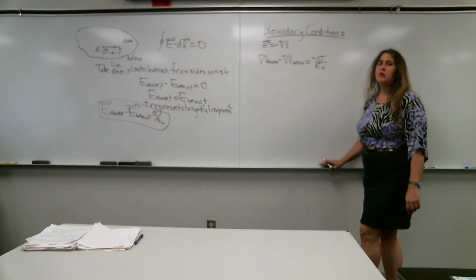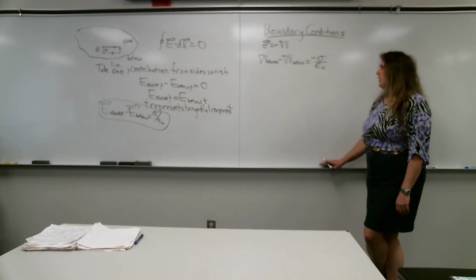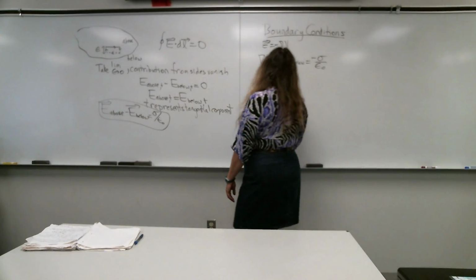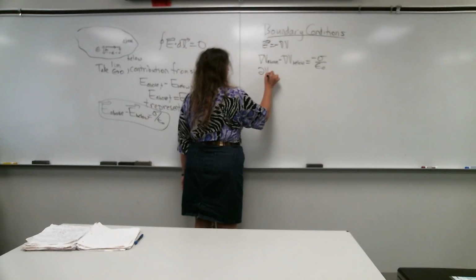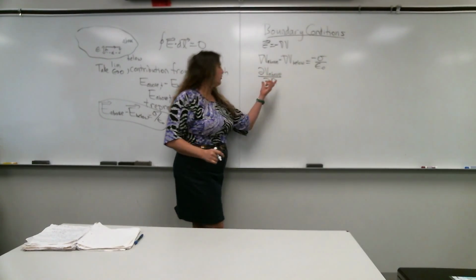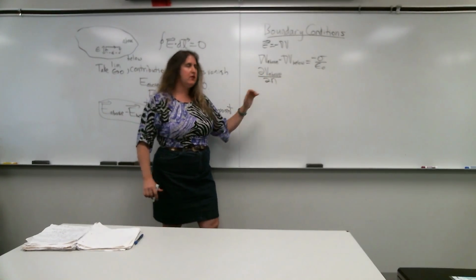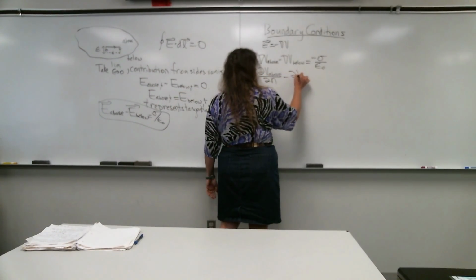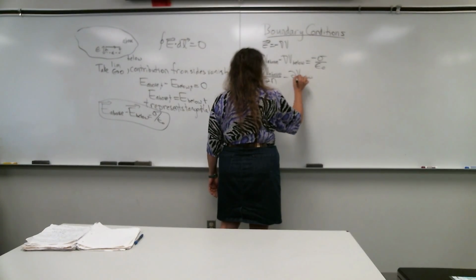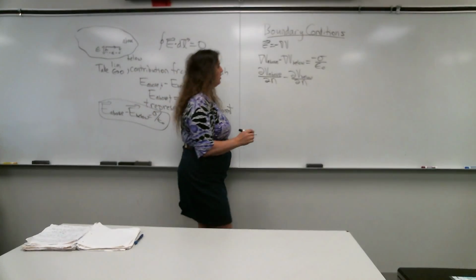In particular, I want to see what happens to the normal component of the gradient. The normal component of the gradient is just the partial of v above with respect to n. Likewise for v below.